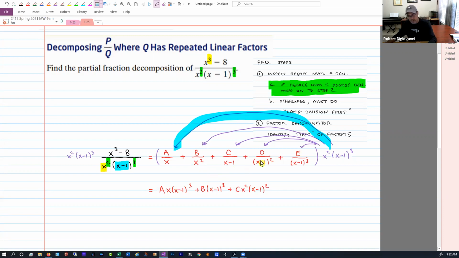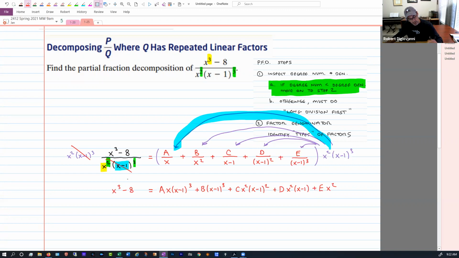When I do this one, an x minus 1 squared cancels, so I still have the x squared and one factor of x minus 1. And when I do the last one, the x minus 1 cubed cancels, but I still have the x squared. Oh man. Okay, and now on the left side, those cancel, so all I have is x cubed minus 8.